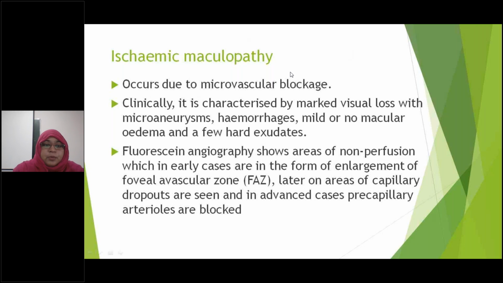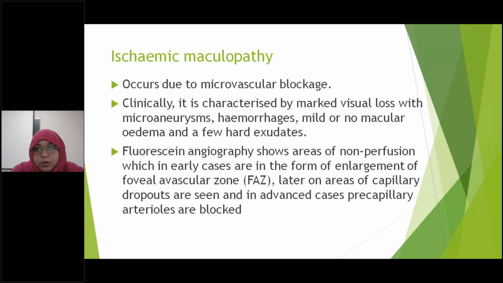Then ischemic maculopathy. Ischemic maculopathy occurs due to microvascular blockage. Clinically, it is characterized by marked visual loss with microaneurysms, hemorrhages, mild or no macular edema, and few hard exudates. Fluorescein angiography shows areas of non-perfusion, which in early cases are in the form of enlargement of the foveal avascular zone.